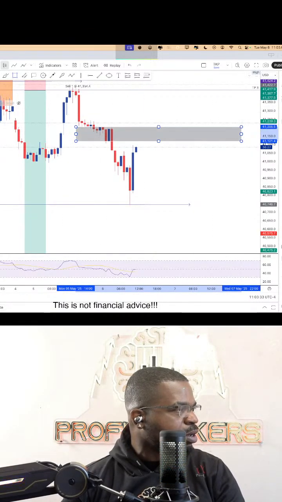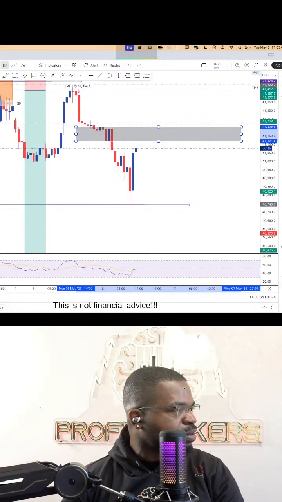We need to see what happens right here. If price respects this level as resistance, good chance we can see those lows being broken.